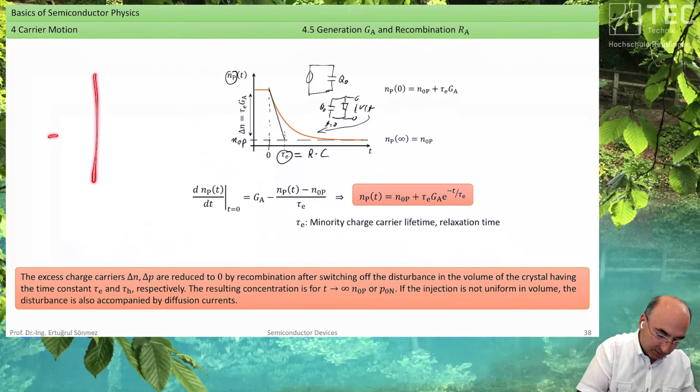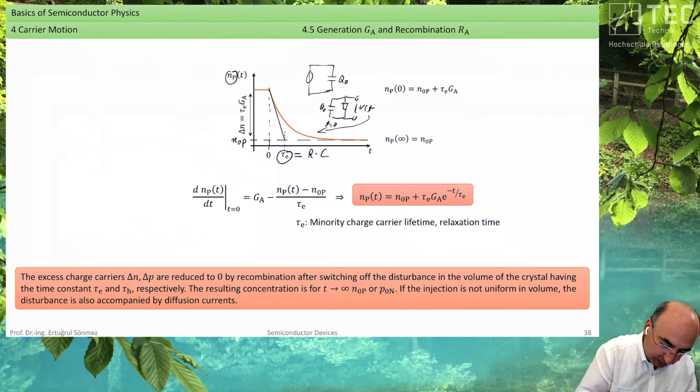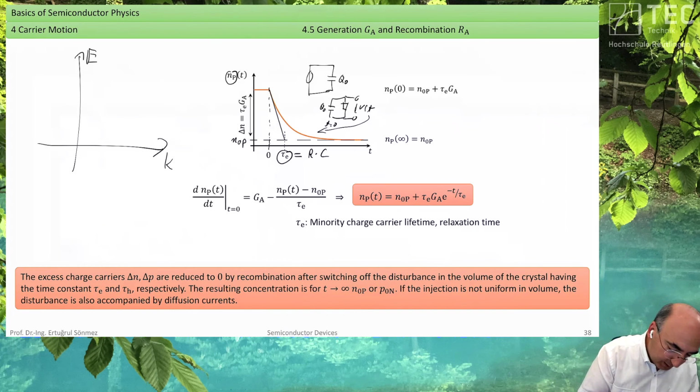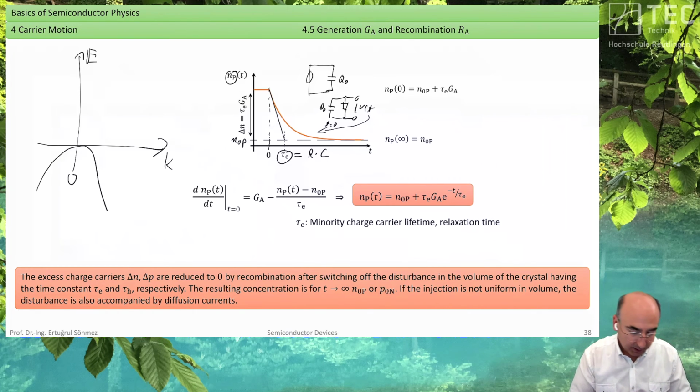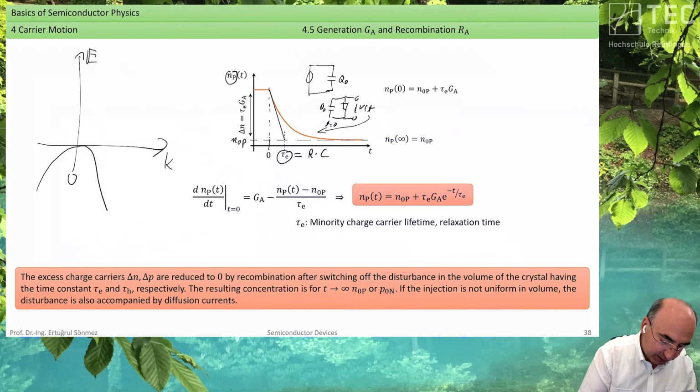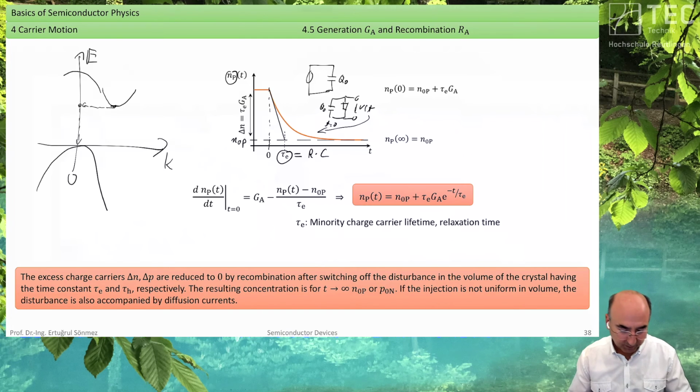We are now in the E-k diagram. The valence band is at 0, the maximum. And for silicon, the minimum, it's somewhere here. Okay? So it's here. So you need a phonon and a trap to recombine.